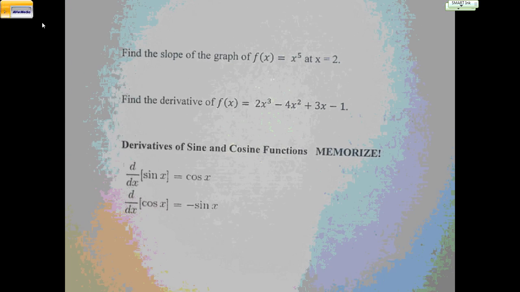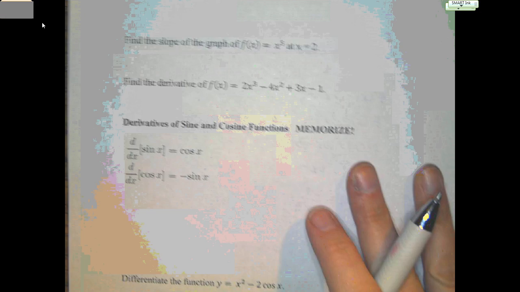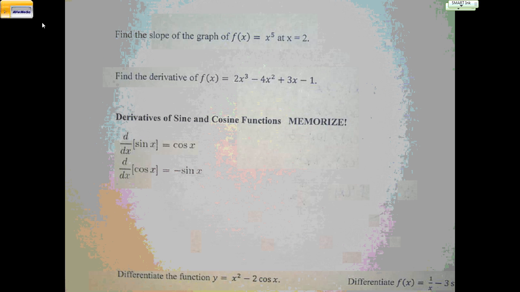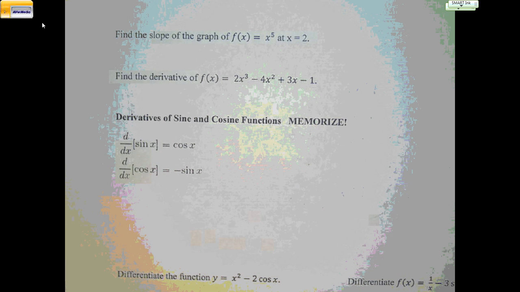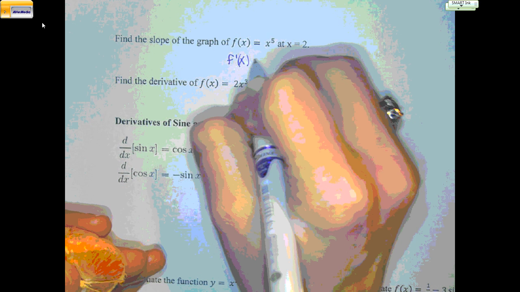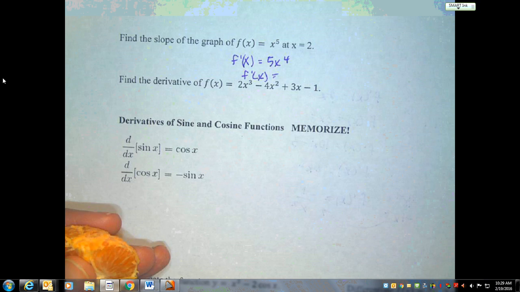Zoom out here. Find the slope of the graph. Slope, derivative, kind of the same, of f of x at x equals 2. Same questions we've been doing, but now you have a power rule. So find the derivative. And then we want the slope.